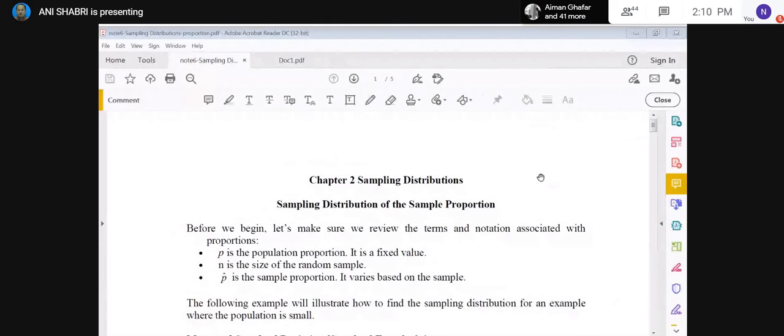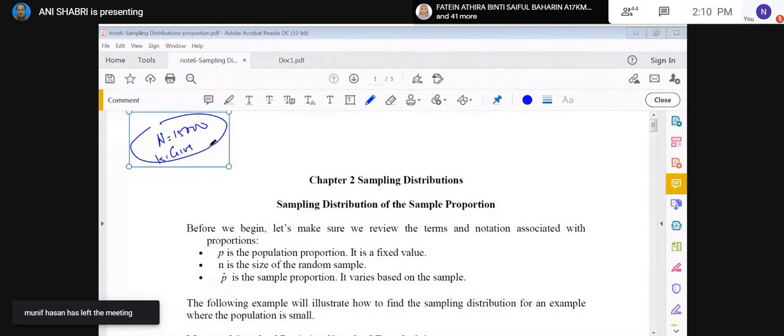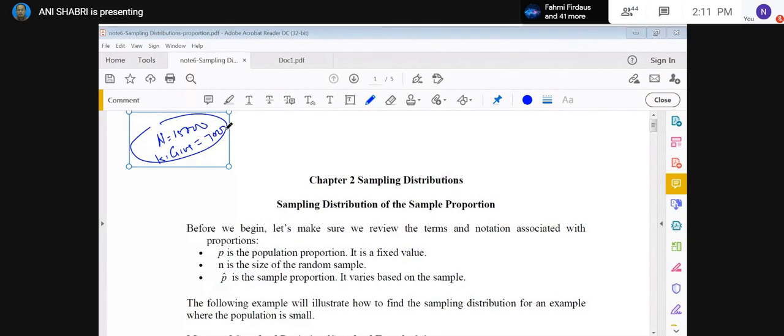If we have a population, for example, the number of students of UTM is 50,000. And for example, the girls, K, is about 7,000. The proportion for girls among UTM students is K divided by N.